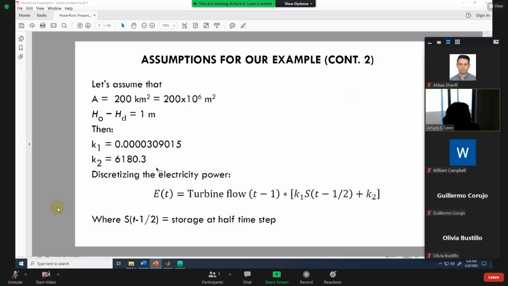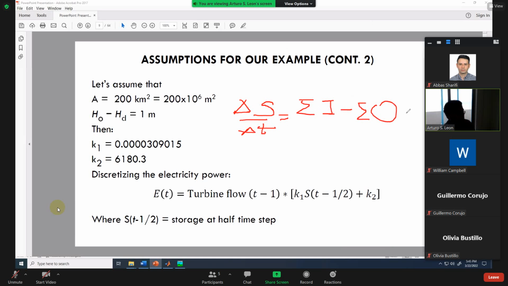Now, because I have to do this every 30 minutes or every 1 hour, I have to discretize the power. And remember, the equation of the storage: the change in storage divided by time is equal to the sum of inflows minus the sum of outflows.